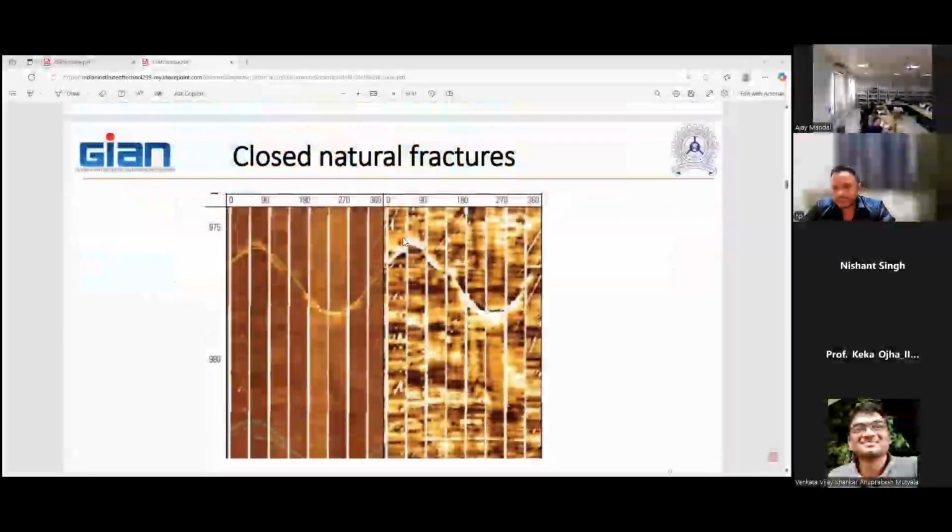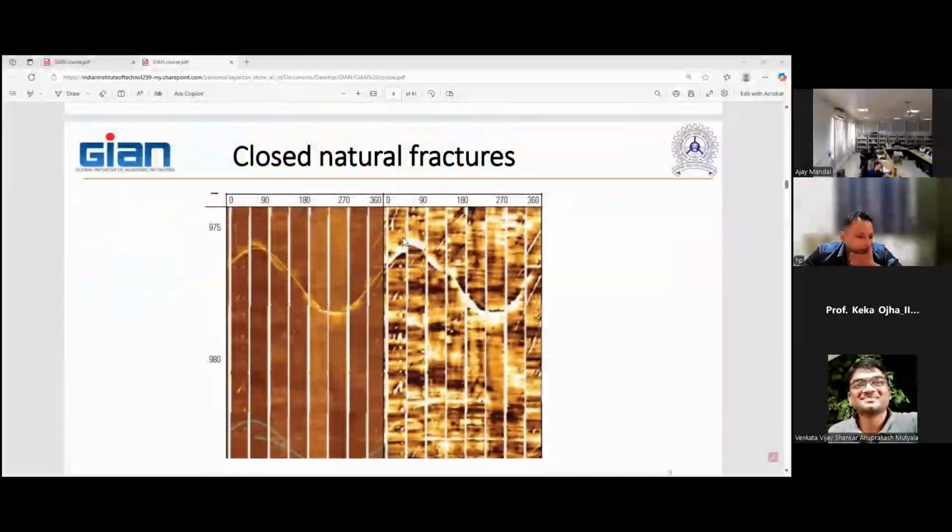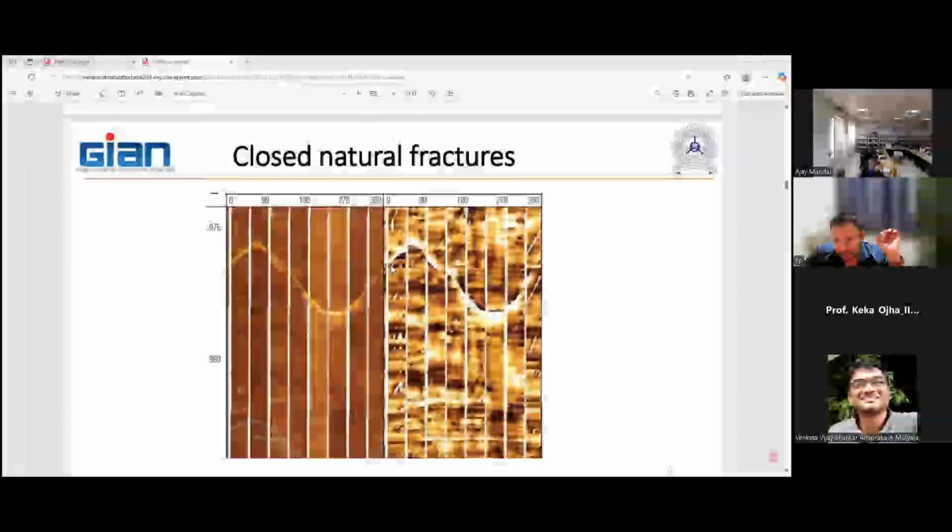Look at this. This is an example of a closed natural fracture. Closed means it's a completely cemented natural fracture. So you can see the natural fracture is whiter compared to the matrix. And this picture is the same zone, except that they have used different types of imaging.